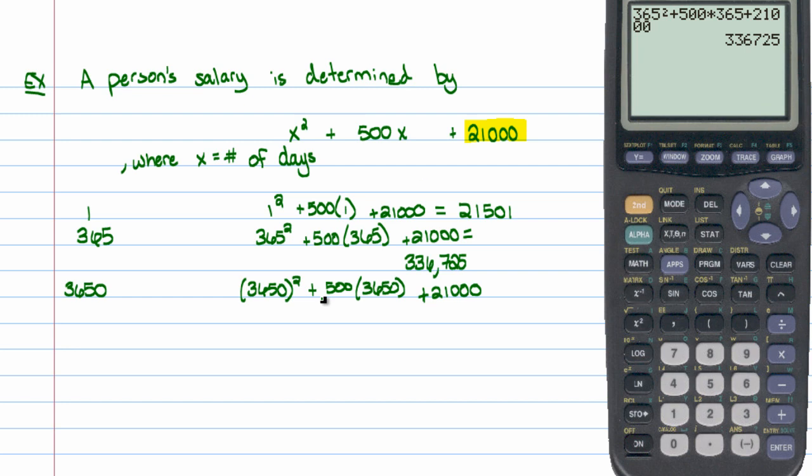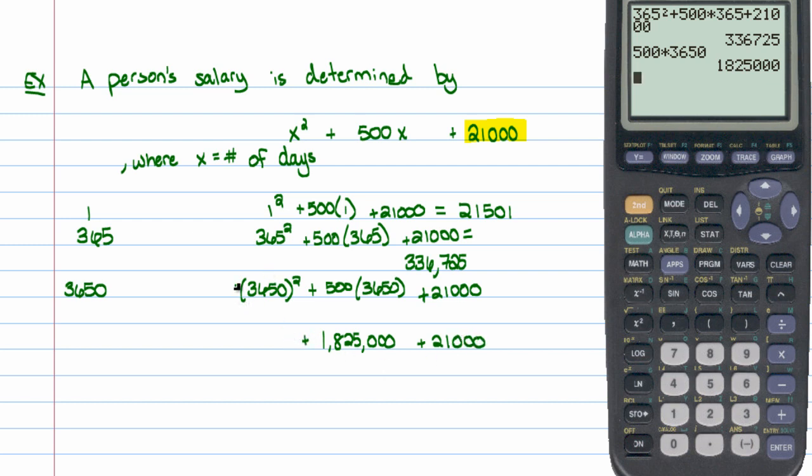Now let me show you each of these numbers in turn and what they are. 500 times 3650, so I'm just calculating that middle term here. That's a lot of money, right? $1.8 million. That's a pretty significant chunk of change there. So that's not something to scoff at.